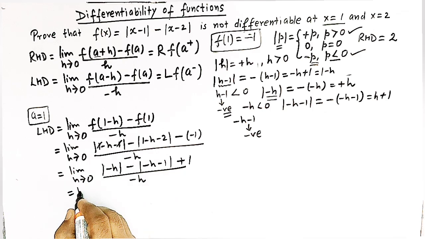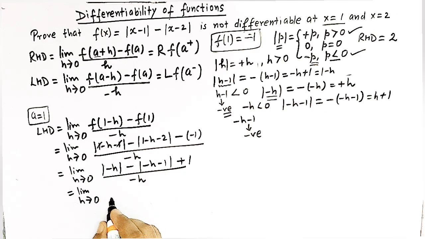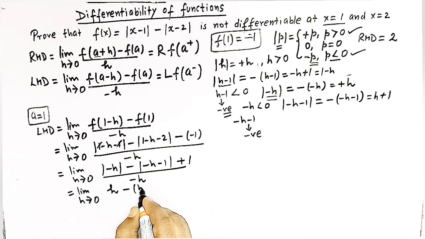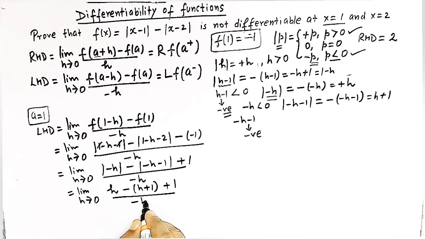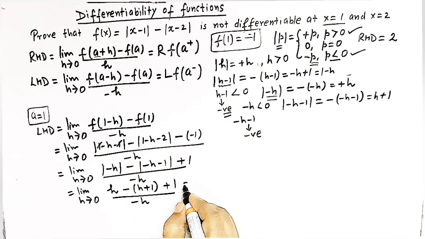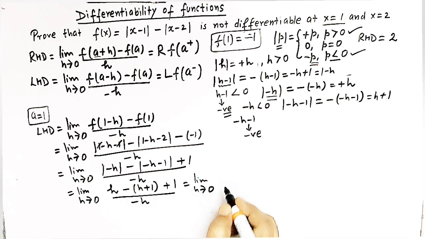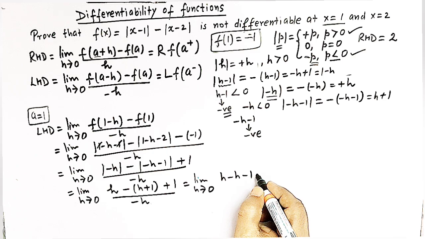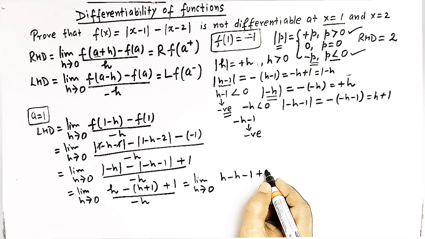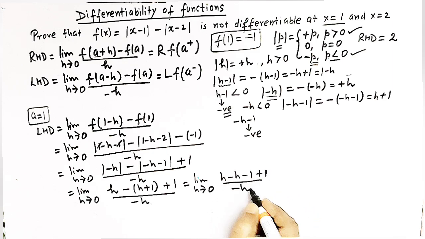So now we have limit h tends to 0. Here we have simply h, and then we have here h plus 1 over minus h, right? So now we can write limit h tends to 0, and here we have h minus 1, and here we have plus 1, and here we have minus h.